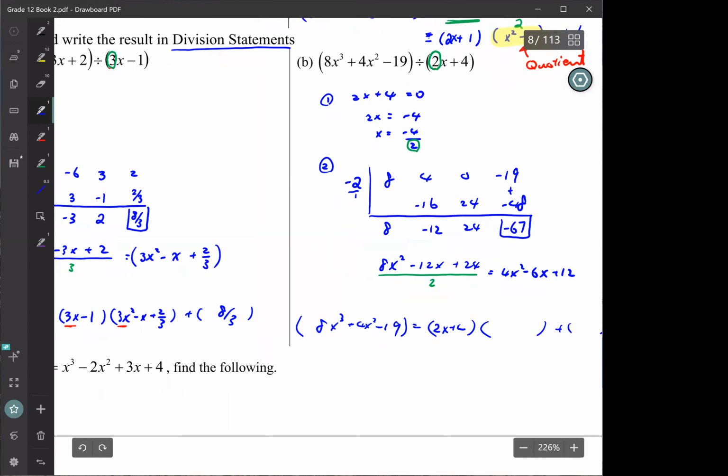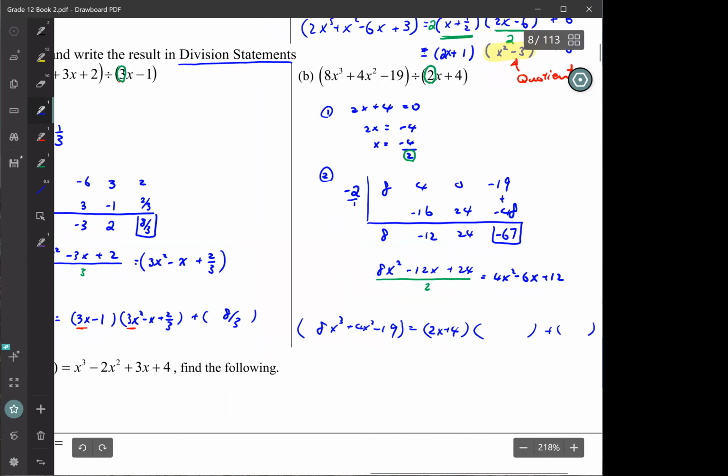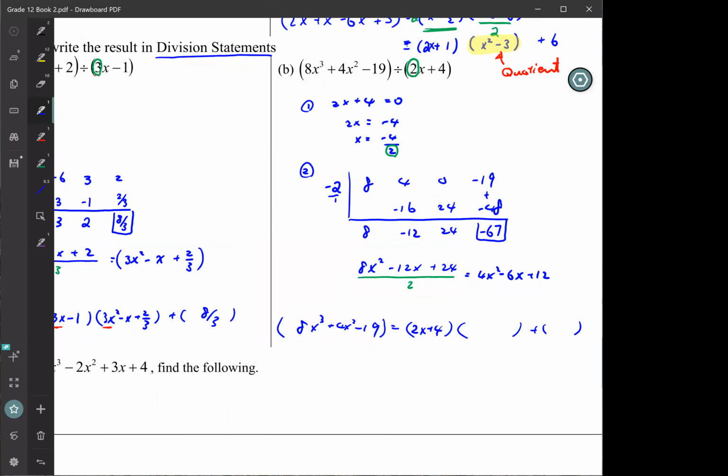Yep, 2x plus 4. And Eric? 4x squared minus 6x plus 12. Yeah. And then finally, the remainder is negative 67. Negative 67, you can just write it as minus 67.